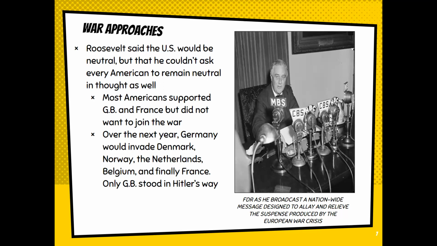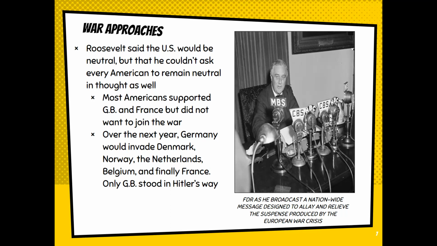This is similar to what President Wilson said in World War I. He wanted Americans to be neutral then. However, Woodrow Wilson told the people to be neutral in thought as well as action. So we're going to be neutral as far as our actions, but also he called for Americans to be neutral in their thoughts.